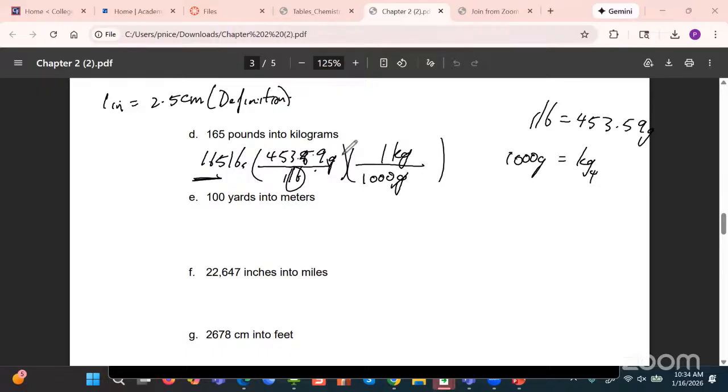So let's do this calculation, which should be correct now. It's 165 times 453.59, and then divide by 1,000. I got 74.8 kilograms when rounded off to 3 sig figs. That's how you do that. Any questions about this?